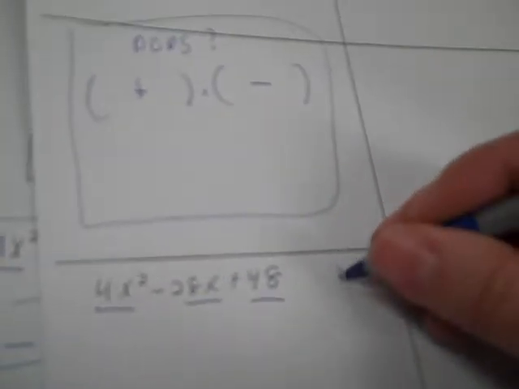Okay, this one there are 3 terms, so it's GCF and then the T chart. And after you do your T, you're always going to want to know what A equals.